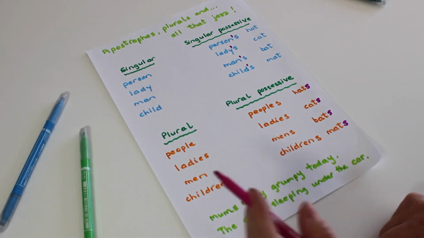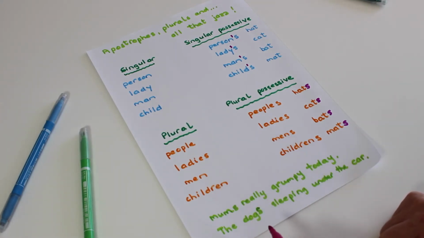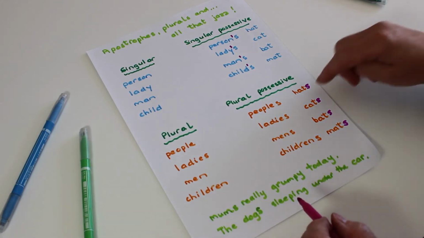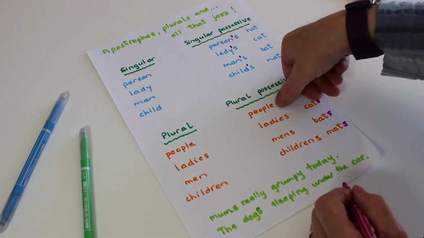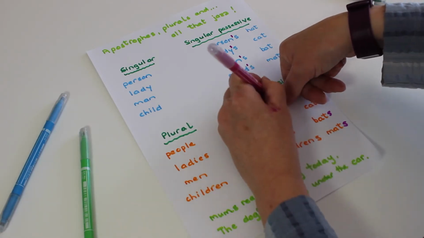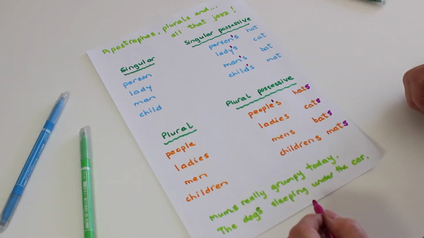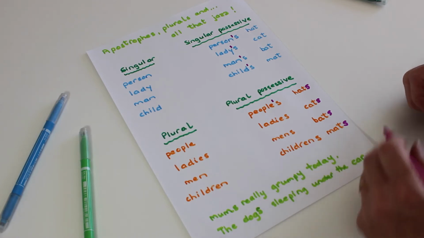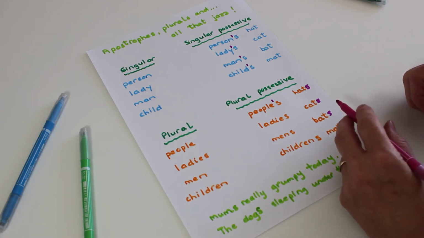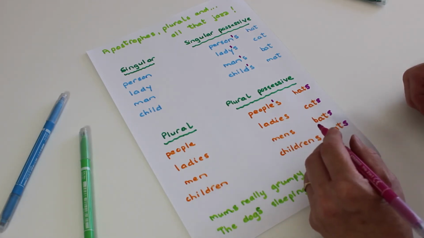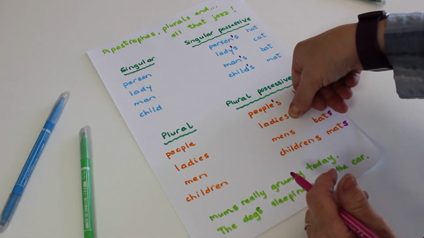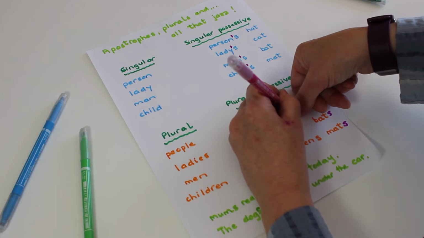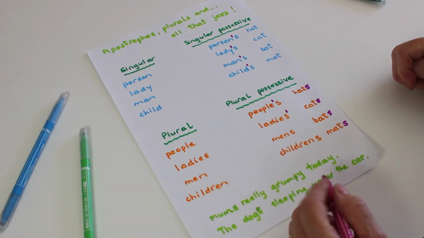So let's have a look, because our rule of thumb applies here as well. Let's see, who do the hats belong to? The hats belong to the people. So I put my thumb there and I pop the apostrophe in there. And what about the cats? Who do they belong to? The cats belong to our nice ladies. So ladies, I put my thumb after the plural, ladies, and that is where the apostrophe goes.